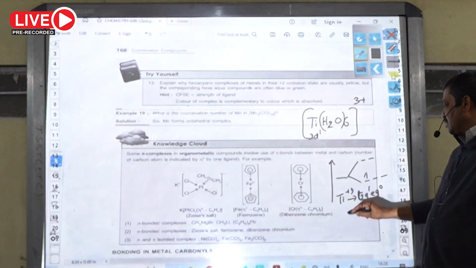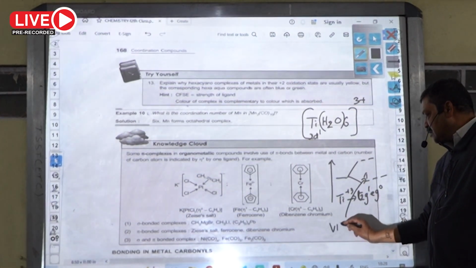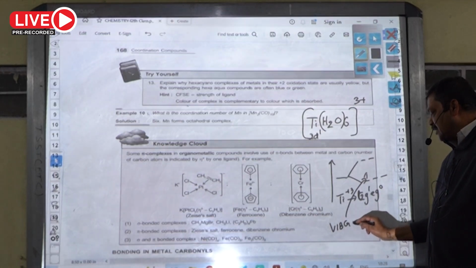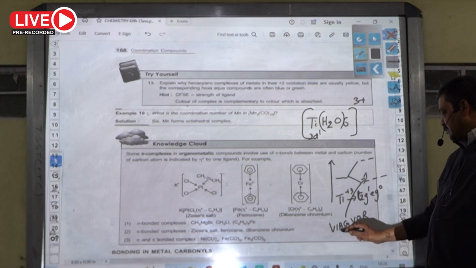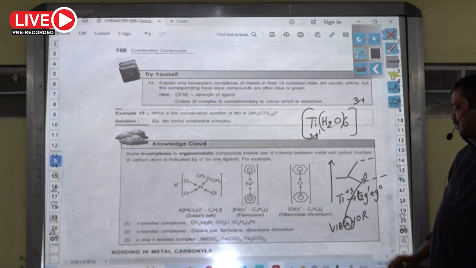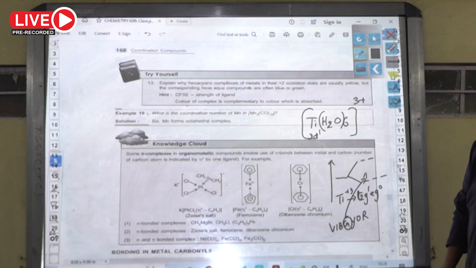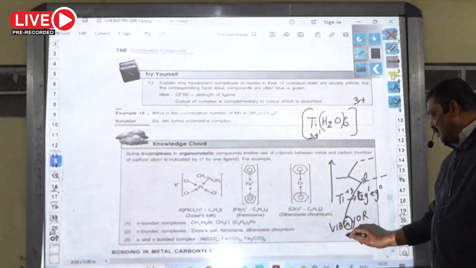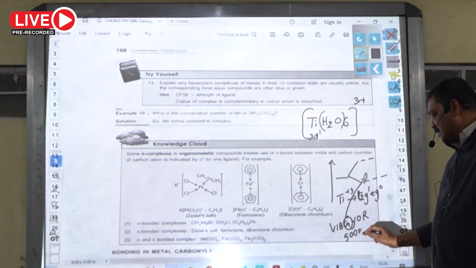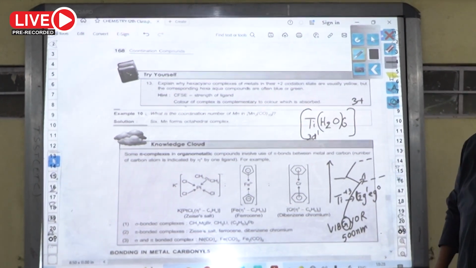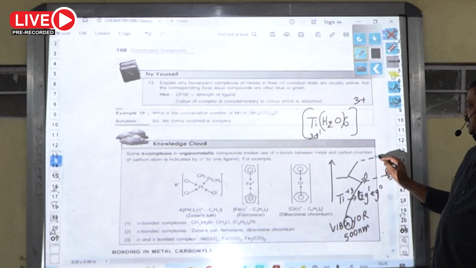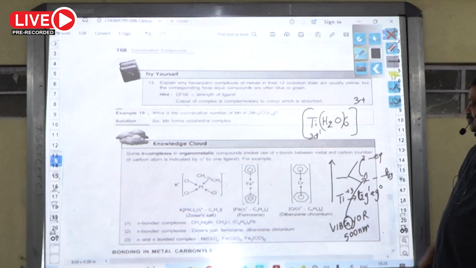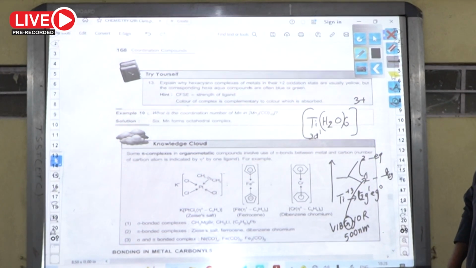Now this electron absorbs the green wavelength of light from the VIBGYOR. It absorbs 500 nanometers wavelength of light, and jumps from t2g to eg, which we call the d-d transition.